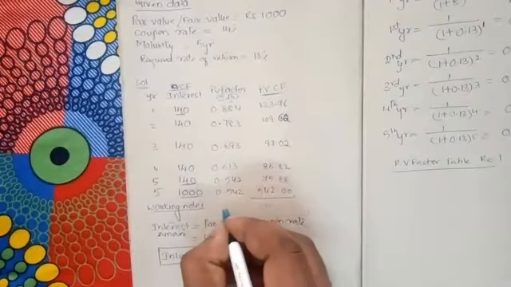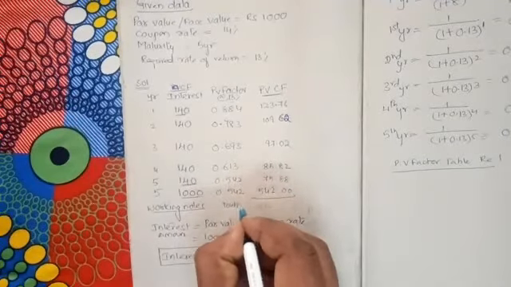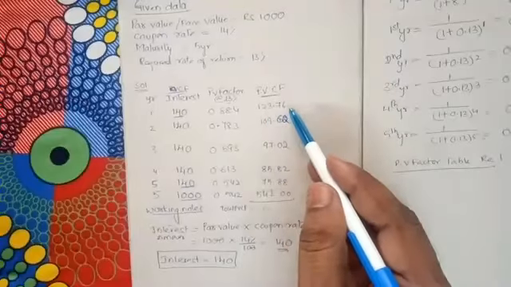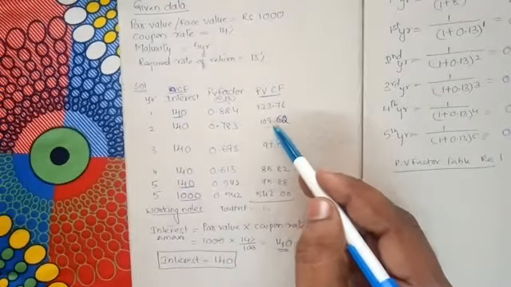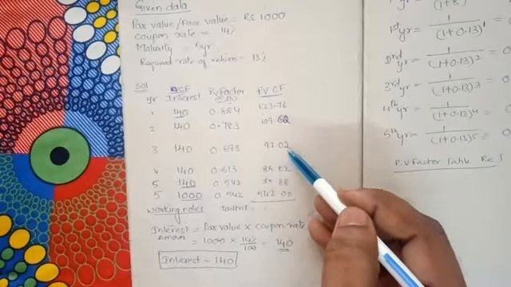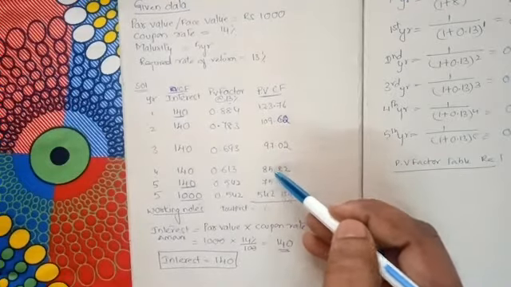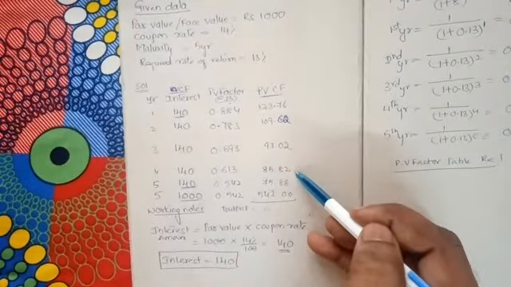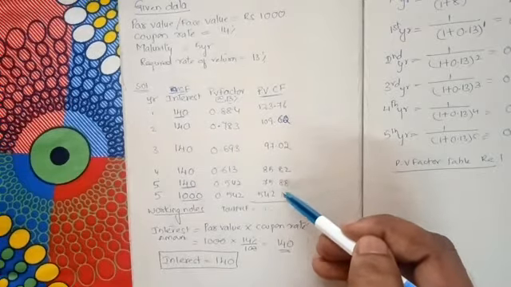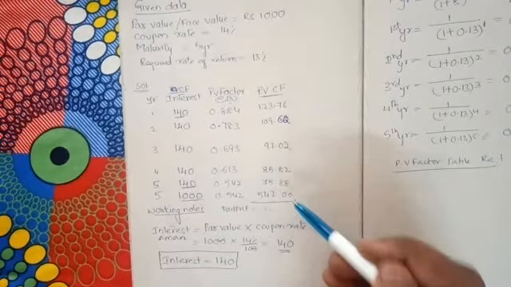So tell me, what is the total PVCF? 123.76 plus 109.62 plus 97.02 plus 85.82 plus 75.88 plus 542 rupees.